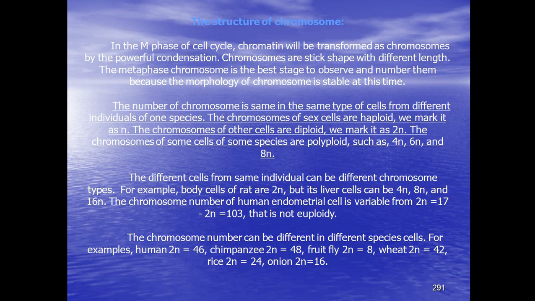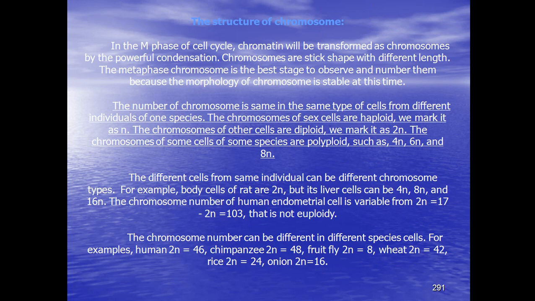Now here, after studying the ultrastructure of the chromosome, let's briefly talk about the structure of the chromosome, because I will not discuss that in detail here. Tomorrow I have to take up the study of chromosomes separately.